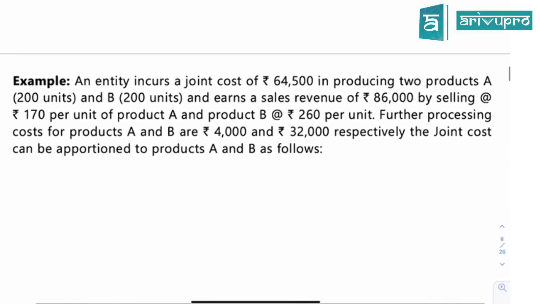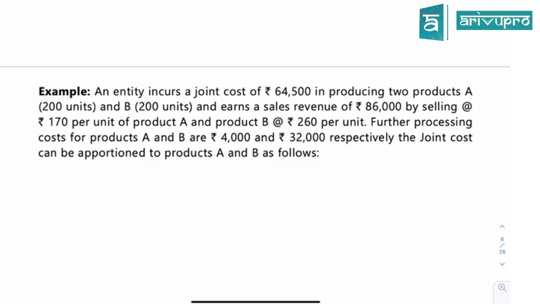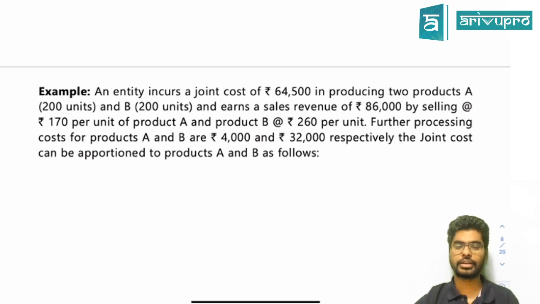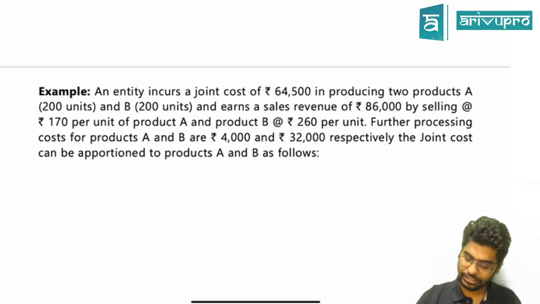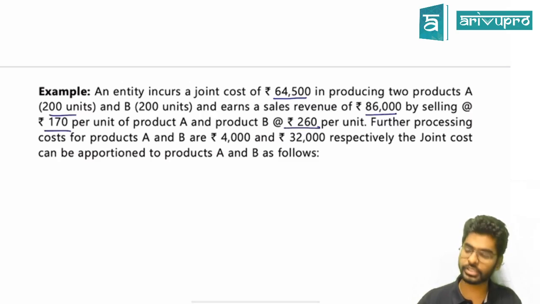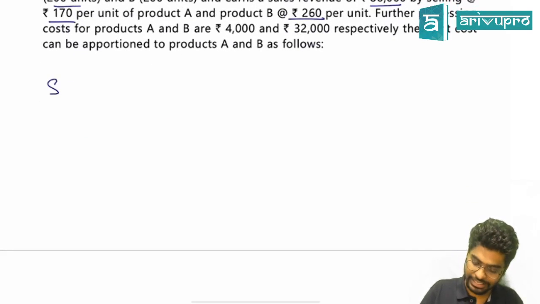Now read this question. Guys, done reading the question? Now let's try looking into it. An entity incurs a joint cost of 64,000 in producing two products A and B, earns a sales revenue of 86,000 by selling at 170 per unit of A and 260. So what is my sales value?